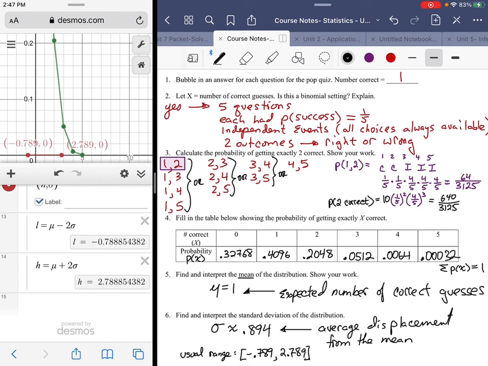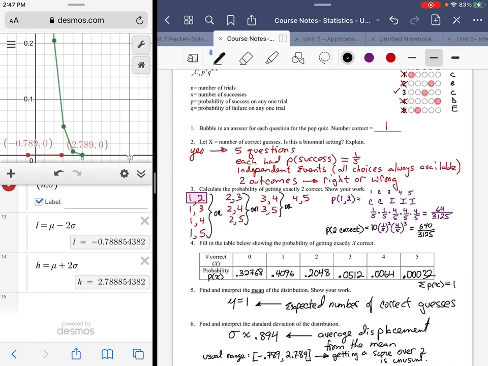All right, so getting a score over, because we're talking about discrete values, the decimal points wouldn't really make sense here, but to get a score over 2 is unusual. So the standard deviation is important in its own right, but it's even more important for what we can gain in terms of the knowledge based off of knowing that standard deviation.